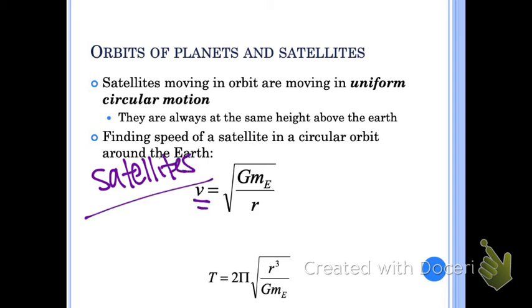This gives us the velocity of the satellite, and the next one gives us the, what is that? What's capital T? The period of the satellite. Good. Both of those are satellite specific, so make sure you write that on your equation sheet.